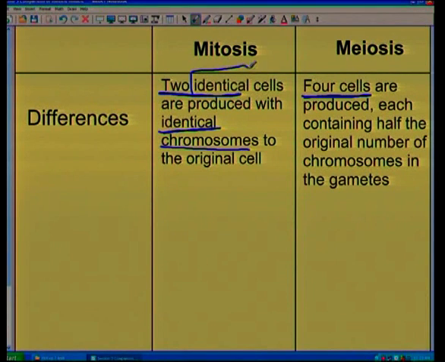Here they are identical. Here, they each contain half the chromosome number, and they are different. So half the original chromosome number, as to the first cell, from the reduction division that occurred, and then we have duplication.